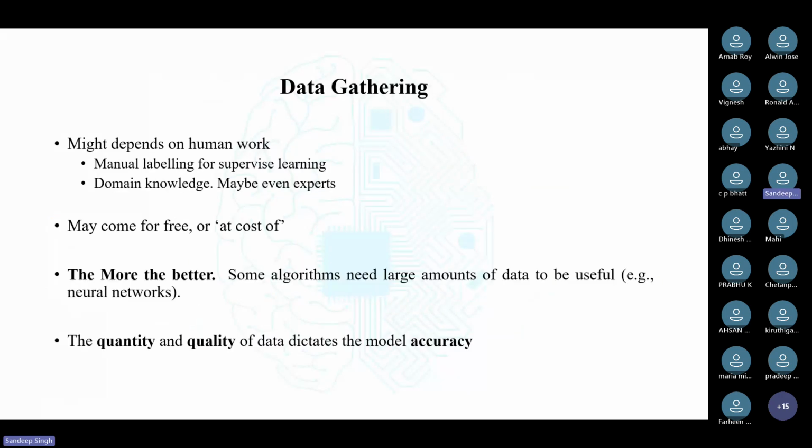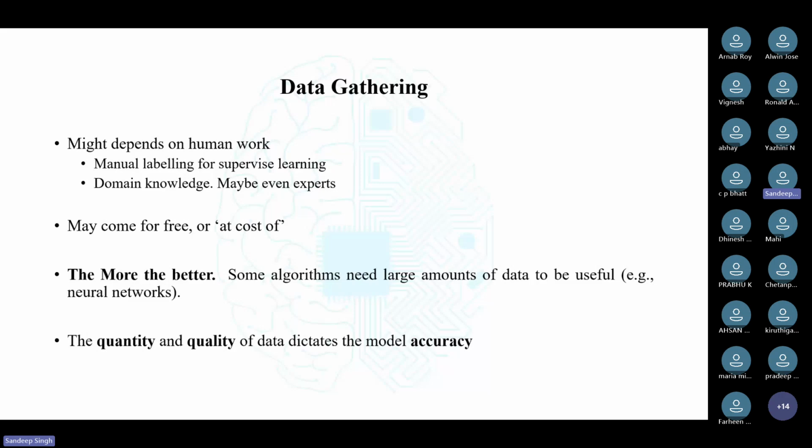So first, data gathering. It depends upon human work like manual labeling for supervised learning, and it requires domain knowledge or maybe an expert. If you require RT structure, you require the expertise of an oncologist. So nothing comes free of cost. The more data you have, the better your algorithm performs. Some algorithms need a large amount of data, like neural networks.